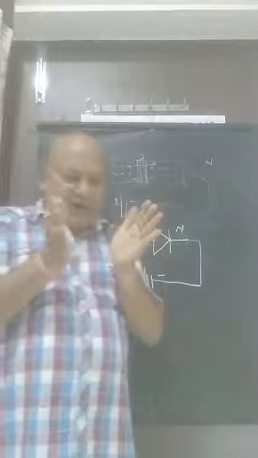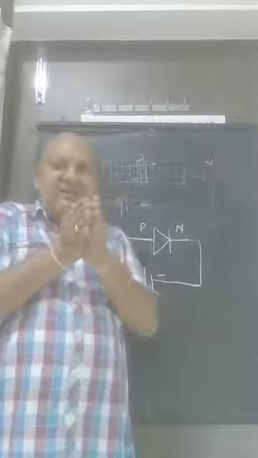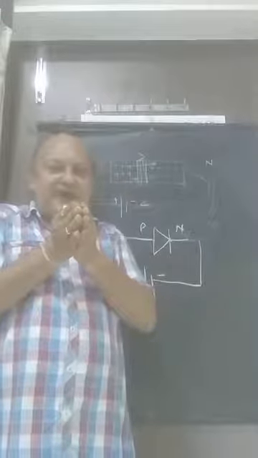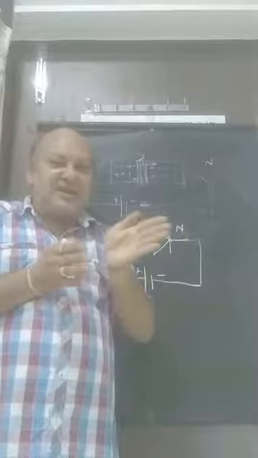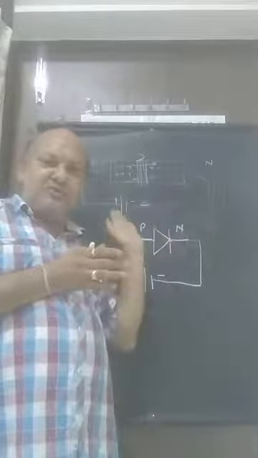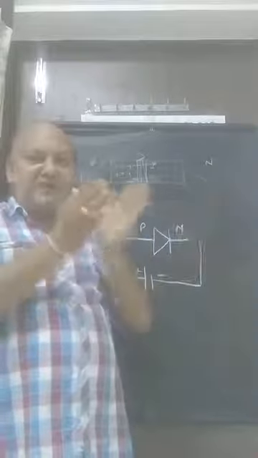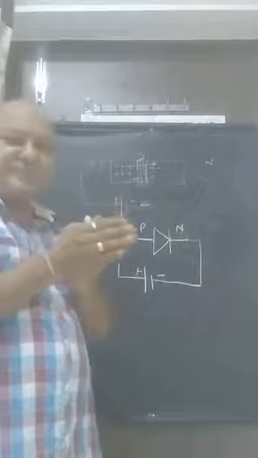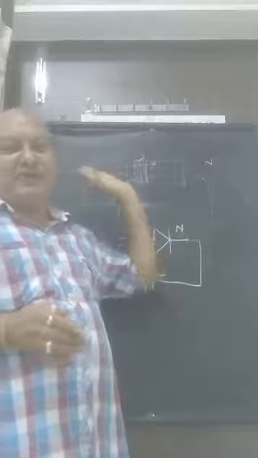So in forward bias, what happens? The depletion layer will get reduced. The width of the depletion will be reduced, and there is tremendous movement of the electrons from negative to positive and holes from positive to negative. This recombination will produce energy, that is current, and this current will flow opposite to the flow of the electrons.